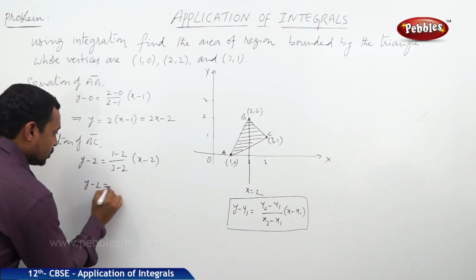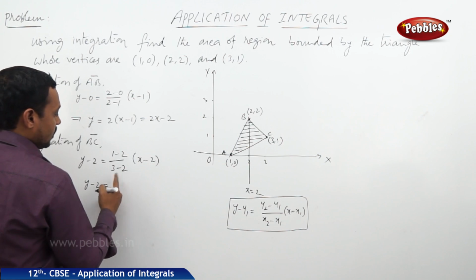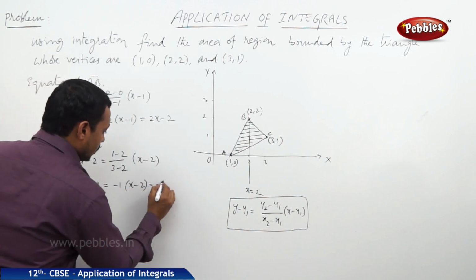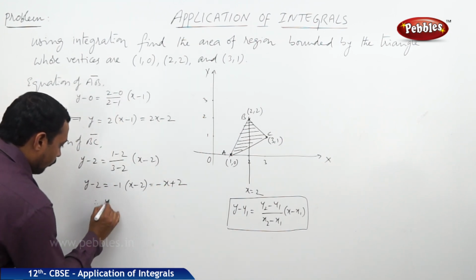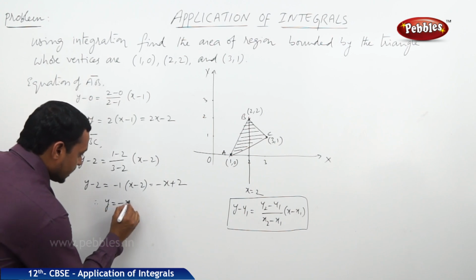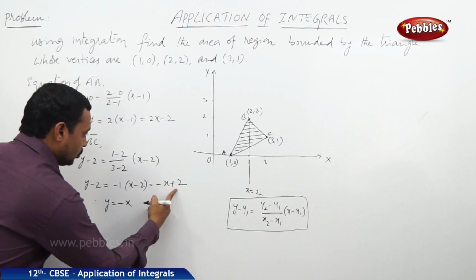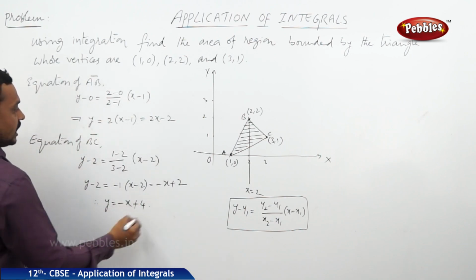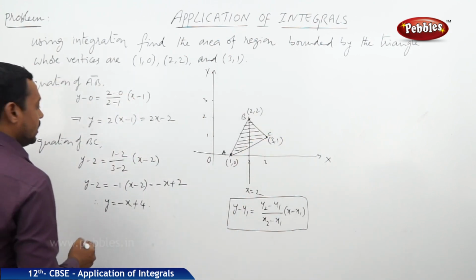Therefore y minus 2 is equal to (1 minus 2) by 1, that is minus 1, into x minus 2, which equals minus x plus 2. Therefore y is equal to minus x. Move this minus 2 to the right side, it becomes plus 2, plus 4. Now this is the equation of the line that passes through the 2 points B and C.